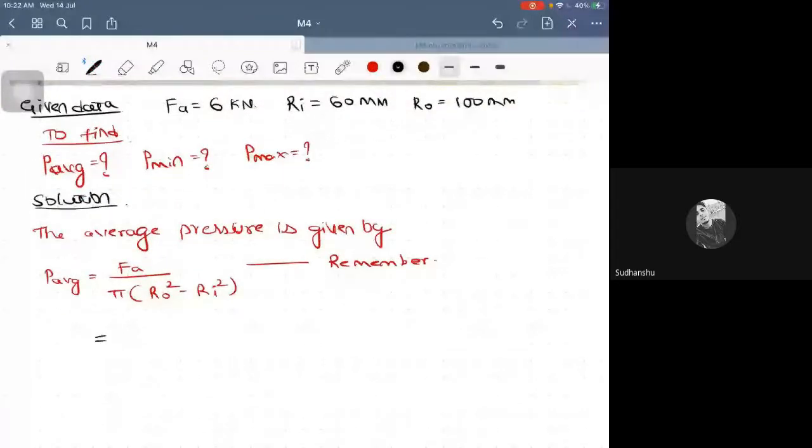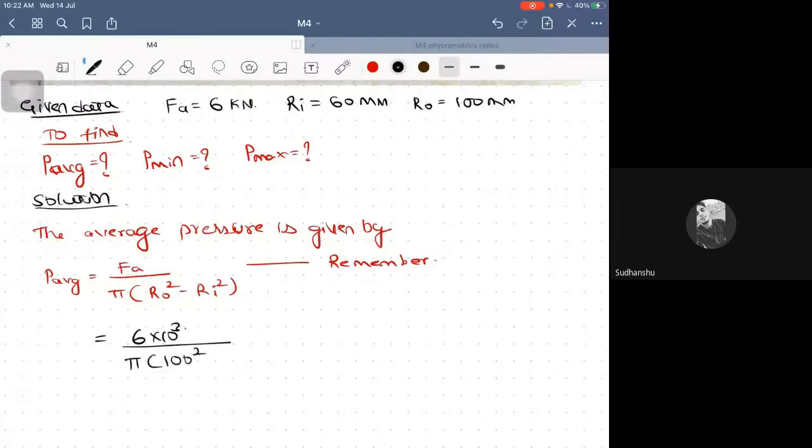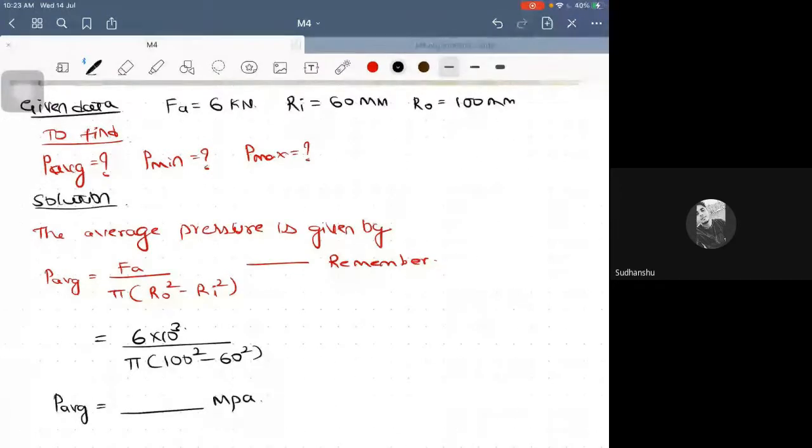FA is 6 into 10 to the power of 3 divided by pi times of R naught, 100 whole square, minus Ri, 60 square. So what is the value of P average? Whatever answer you get, you directly get it in megapascal because it is Newtons per mm square.